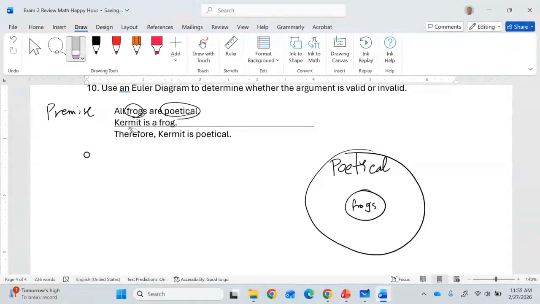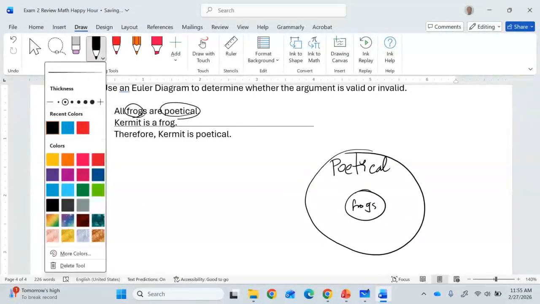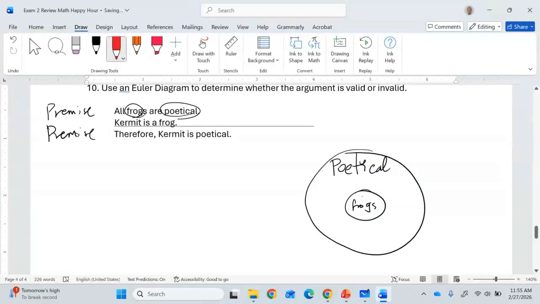Okay, then the next premise says Kermit is a frog. To represent that, Kermit would be a dot inside. So I represent Kermit by putting a dot inside of the frogs. And then I look at the conclusion, therefore Kermit is poetical.